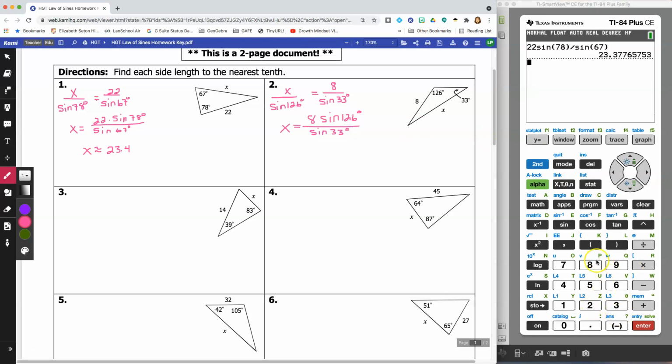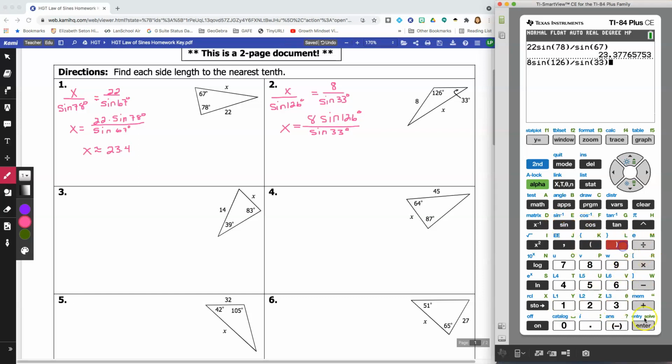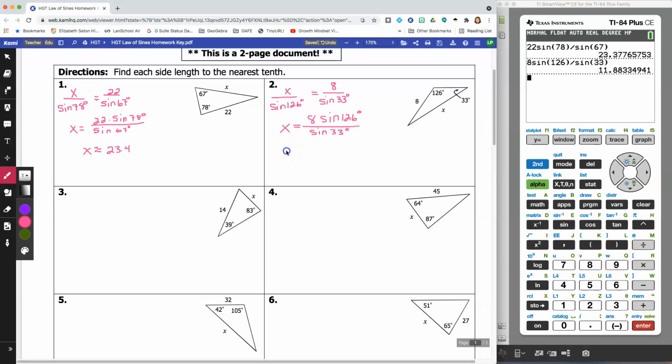Type that in my calculator: 8 sine 126, close the parenthesis, divide by the sine of 33. So in this case, x is approximately 11.9, whatever our units are. We go on to number 3. I have that 39 degrees is across from the side labeled x, and 83 degrees is across from the side labeled 14.